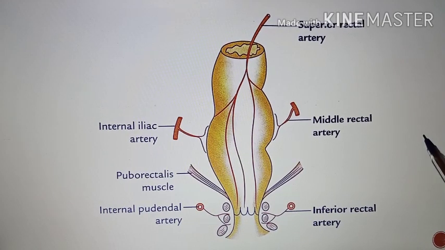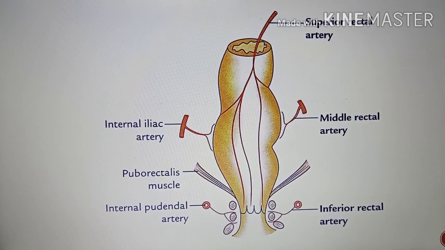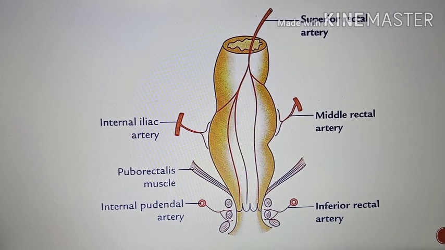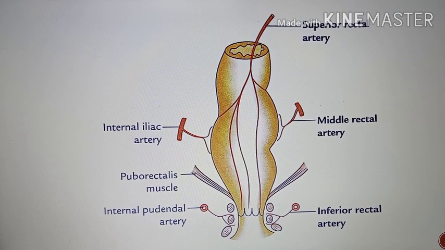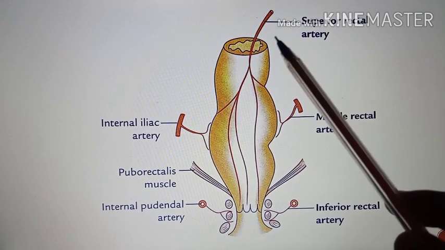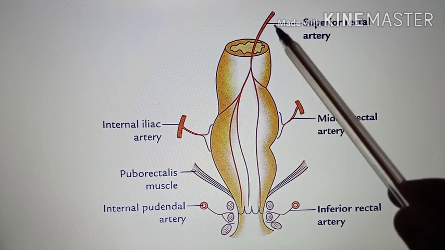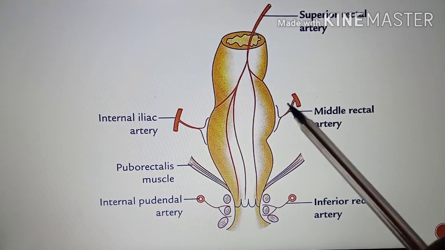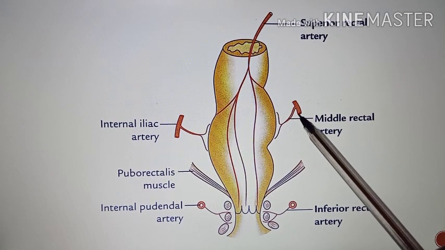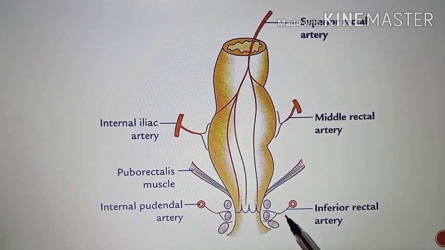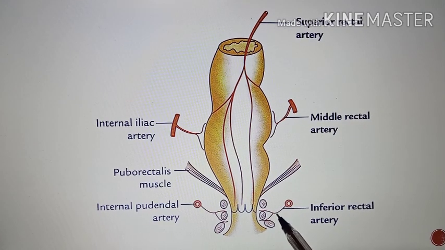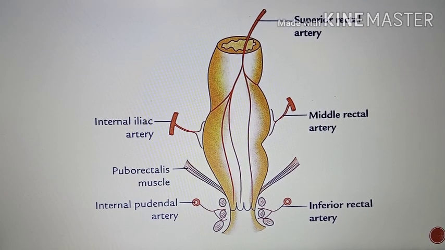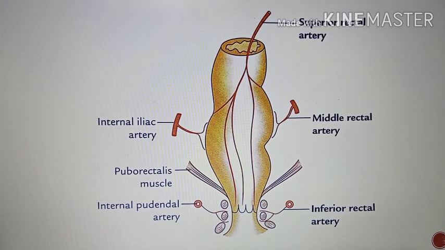Now coming to the arterial supply to the rectum. The rectum is supplied by the following arteries. First is the superior rectal artery, second the middle rectal artery, third the inferior rectal artery, and fourth the median sacral artery.